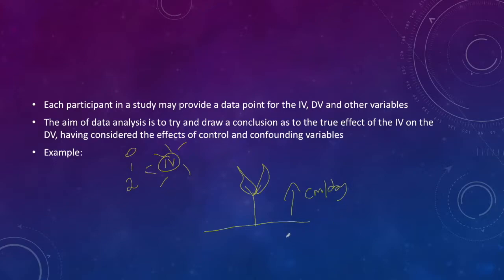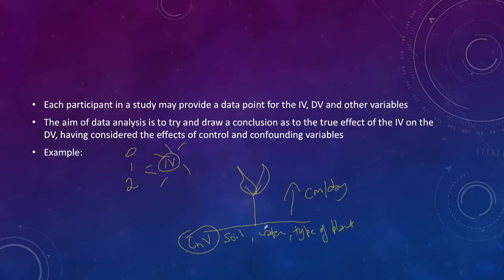Now, obviously, common sense dictates that sunlight is not the only factor which controls the rate of growth of plants, so you would have to factor in things like soil type, water levels, the type of plant, etc. And these would all be our control variables.